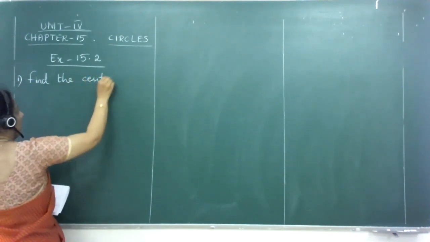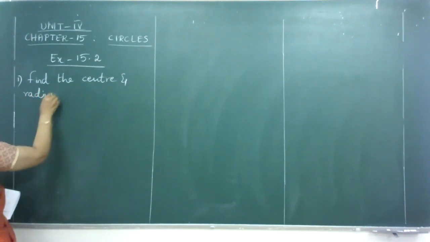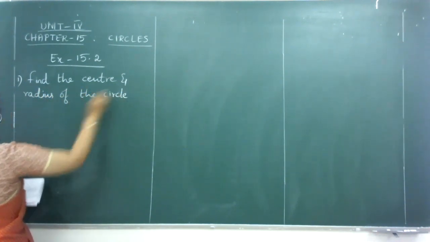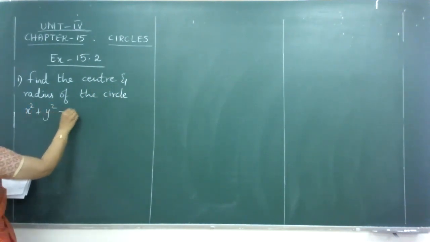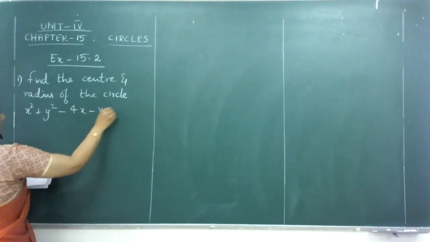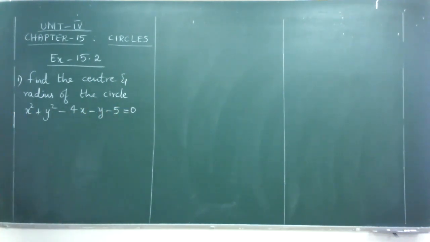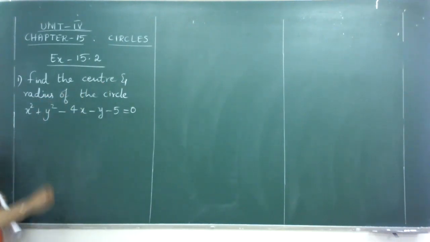Find the center and radius of the circle. The circle equation is given to us as x squared plus y squared minus 4x minus y minus 5 is equal to 0. We have to find the coordinates of the center and the radius of the circle.